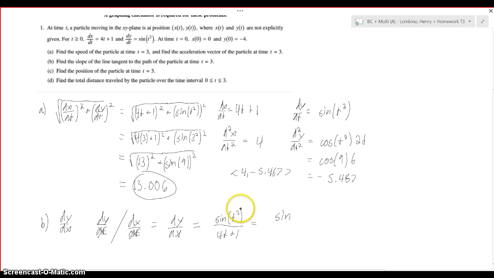So we're going to have sine of 9 over 12 plus 1, which is going to be sine of 9 over 13. And when we plug that into a calculator, sine of 9 divided by 13, we get 0.032.